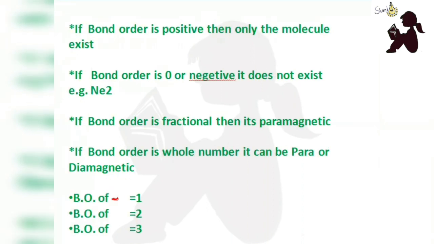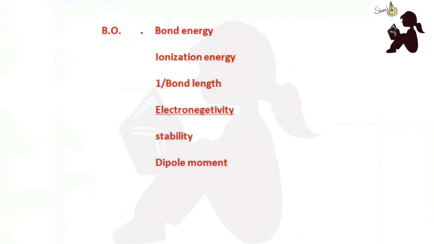Bond order of a single bond is 1, bond order of a double bond is 2, and bond order of a triple bond is 3. Okay, bond order is directly proportional to bond energy, directly proportional to ionization energy, inversely proportional to bond length, directly proportional to electronegativity, directly proportional to stability of the atom, and also directly proportional to the dipole moment.